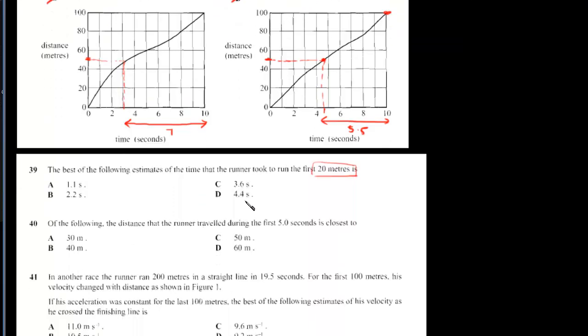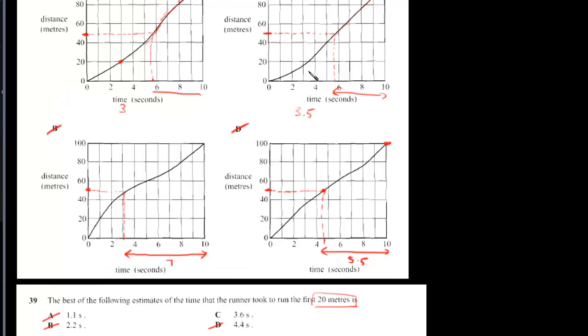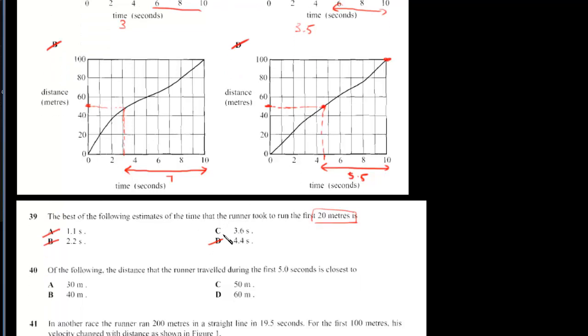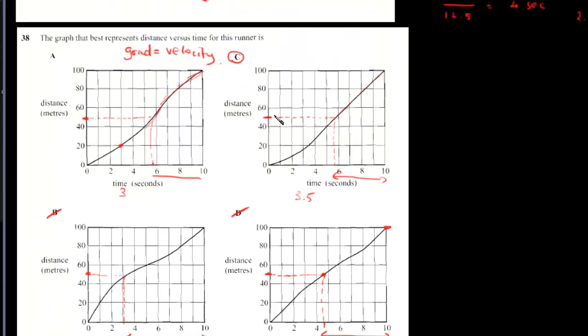So if you look at this question here, I think definitely this is not the answer, this is not, and this is not. It's about 3 or 3.5, right? So from this question here, we can deduce that this is the correct answer, and therefore this is also the correct answer. You get what I mean? This is 20 meters right there.